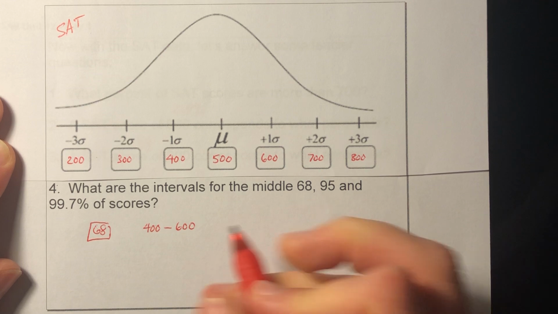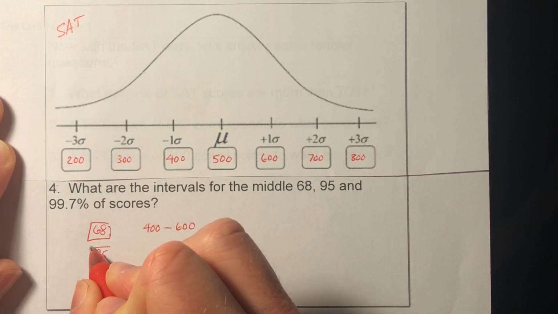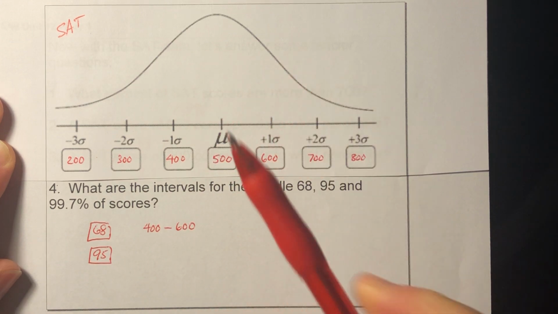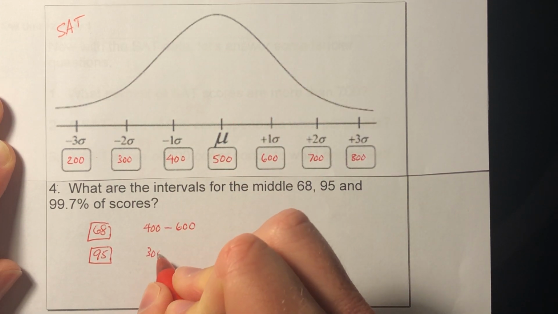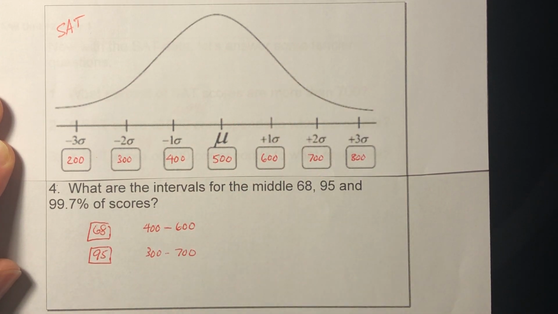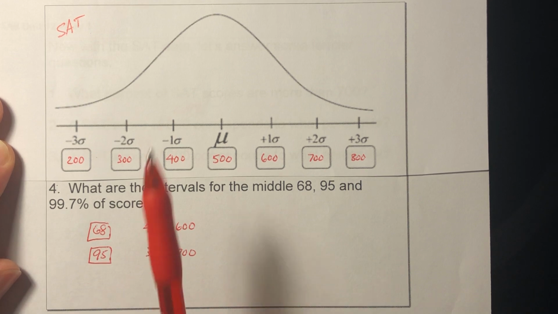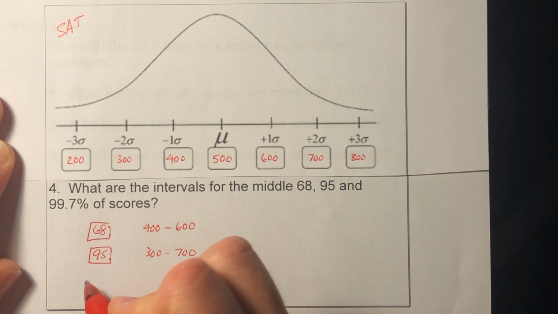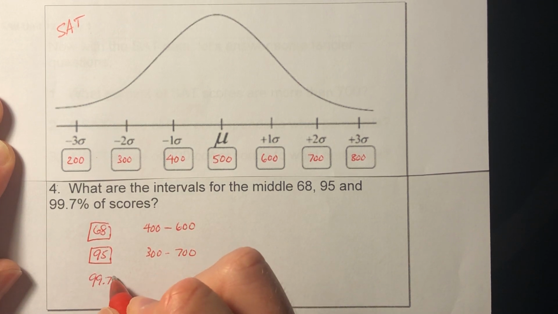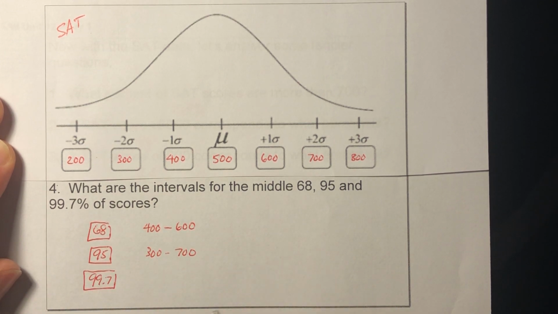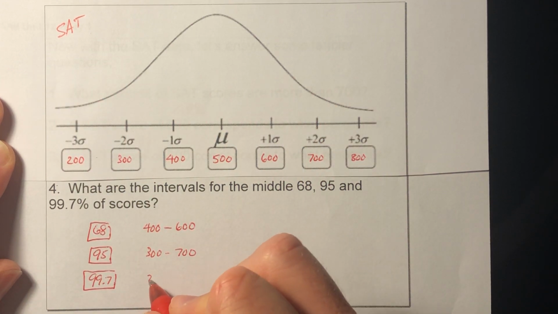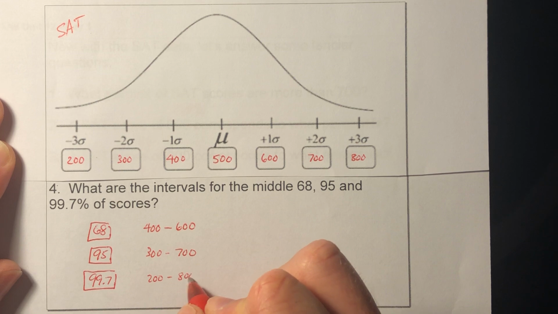All right, the middle 95%, that would be from 300 to 700. Okay, so that's your middle 95%, plus or minus 2 standard deviations. And then your middle 99.7%, plus or minus 3 standard deviations. So that would go from 200 to 800.